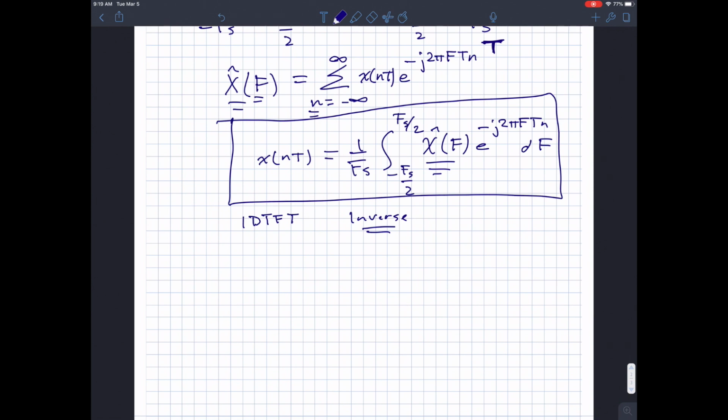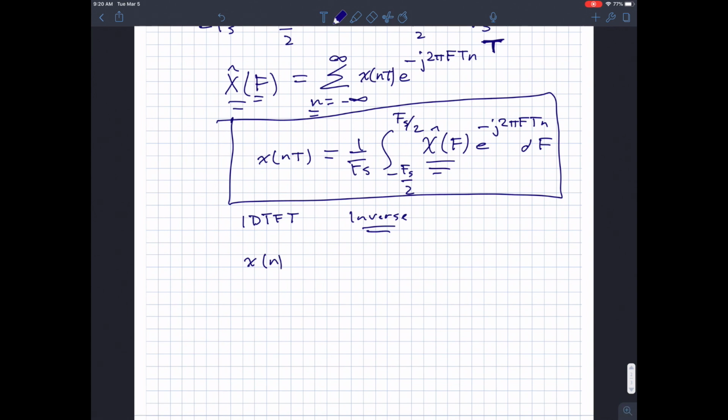So what I want to do next is, what if we normalized frequency? If we normalize frequency, then the period Fs becomes 2 pi, because we know everything repeats every 2 pi in omega, so omega is normalized frequency in radians per second.